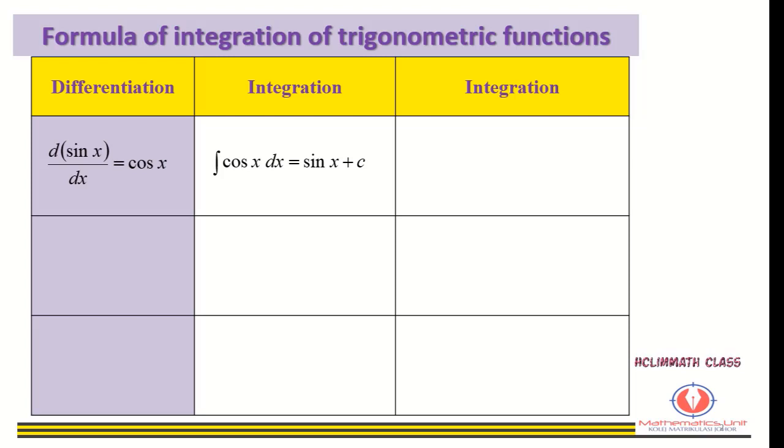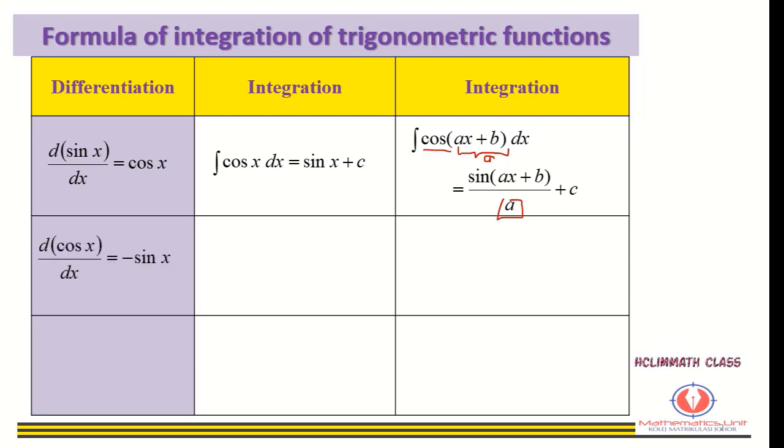Therefore, if we have the function cosine ax plus b, first we integrate the cosine to get sine ax plus b, and further divide by the differential of ax plus b, which is a, plus the constant c.